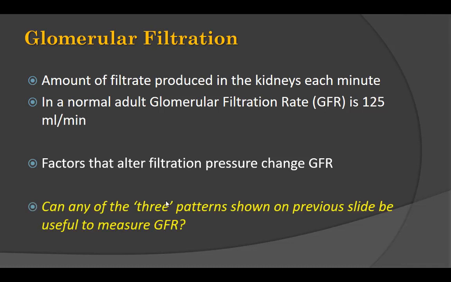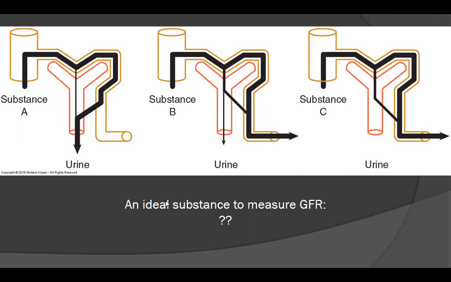Now tell me, any of the three patterns that I showed you in the previous slide, can you use any of these substances to calculate filtration rate? I'll show you the picture again. Look at this. Can any of these substances, substance A, B or C, be used to calculate filtration?